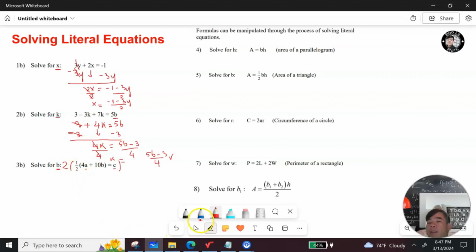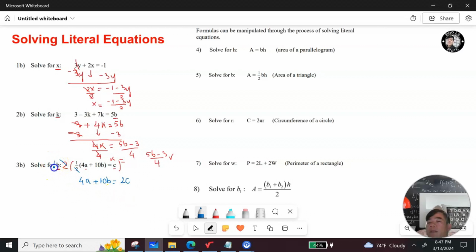If I multiply both sides by 2, what happens? The 2 and 2 cancel out. So I only have 4a plus 10b left on the left-hand side, equal to the right-hand side, 2 times c, which is 2c.